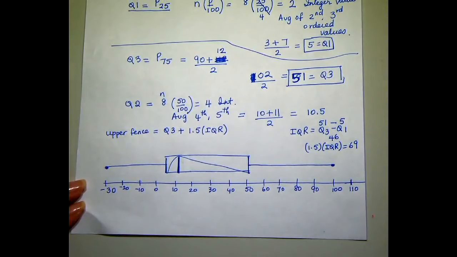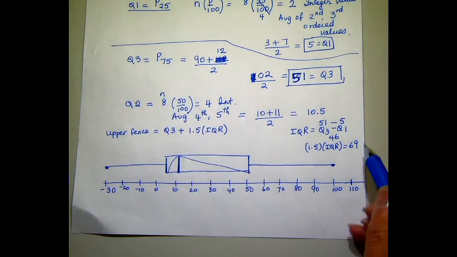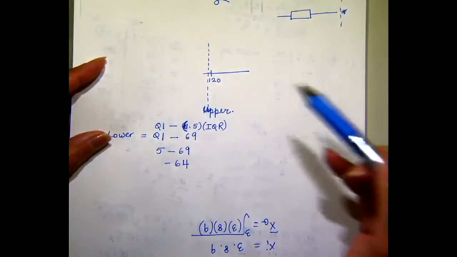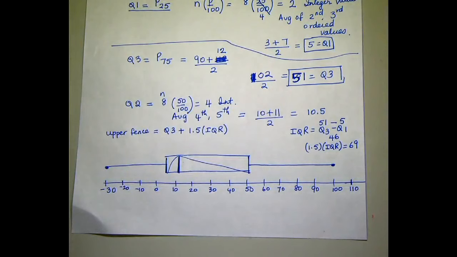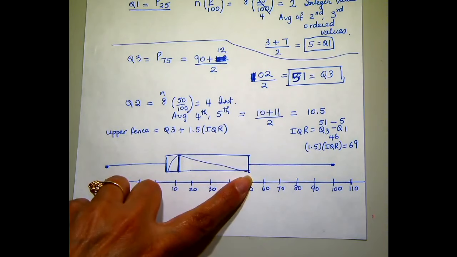Yeah. What, did I make a math error? Is that what I did? It's 119, right? Let's see, where am I? Upper. So Q3, I used 50. Yeah, what is it? 51?